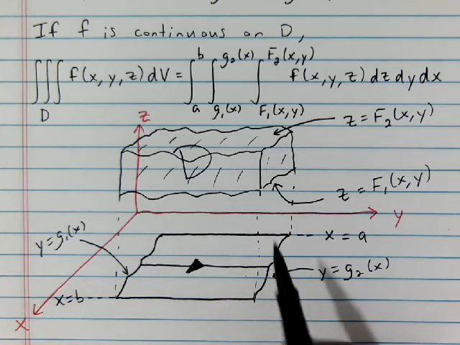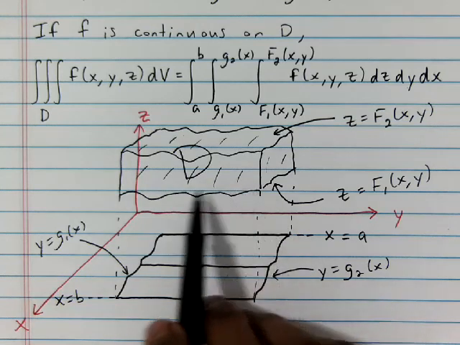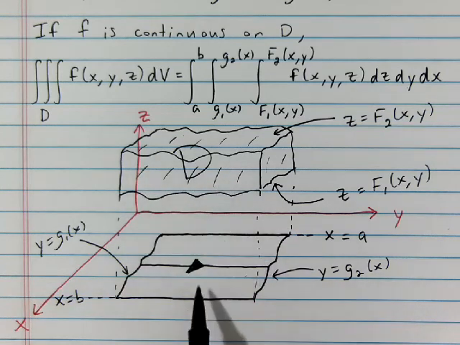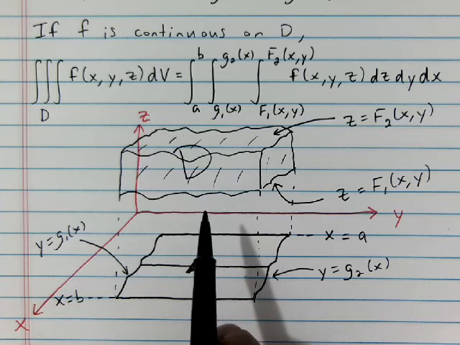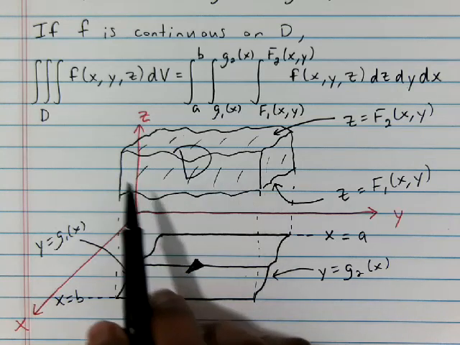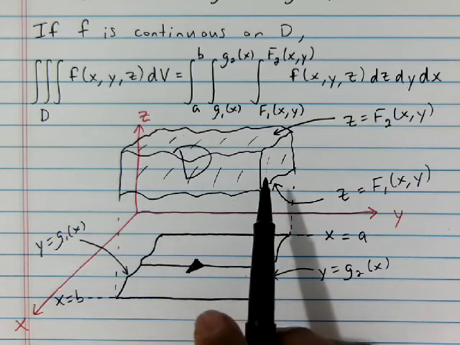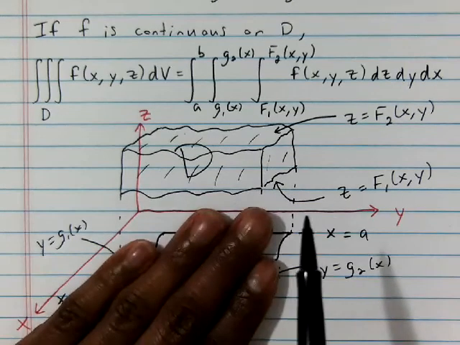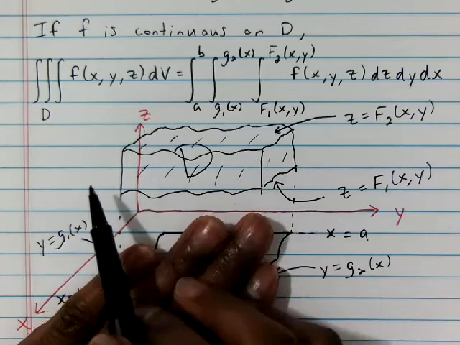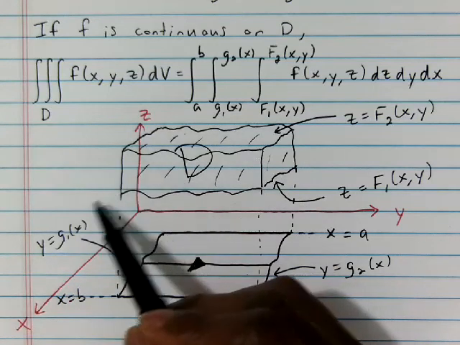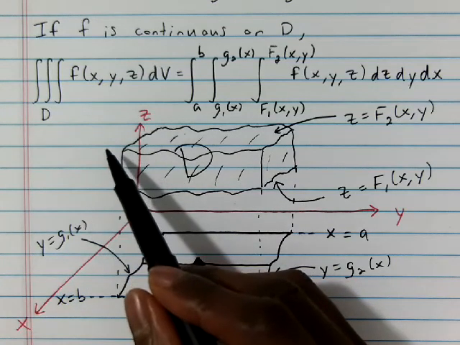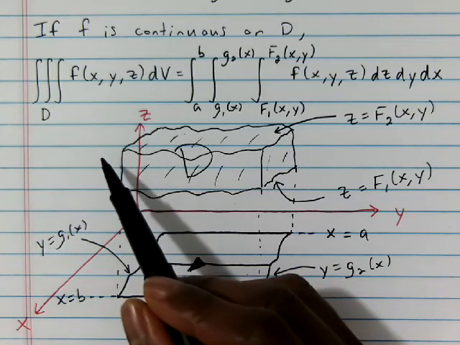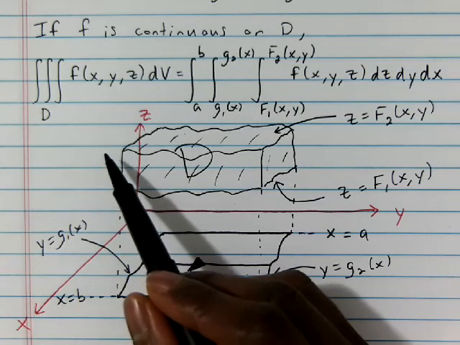Then another option is we could take our region D and instead of projecting in the xy plane, we could push it back or push it left. So let's talk about pushing it left. We take our region D, and instead of pushing it down here, we project it left and we have some region over here in the xz plane. And then we look at that and we look, is that type 1 or a type 2 region?